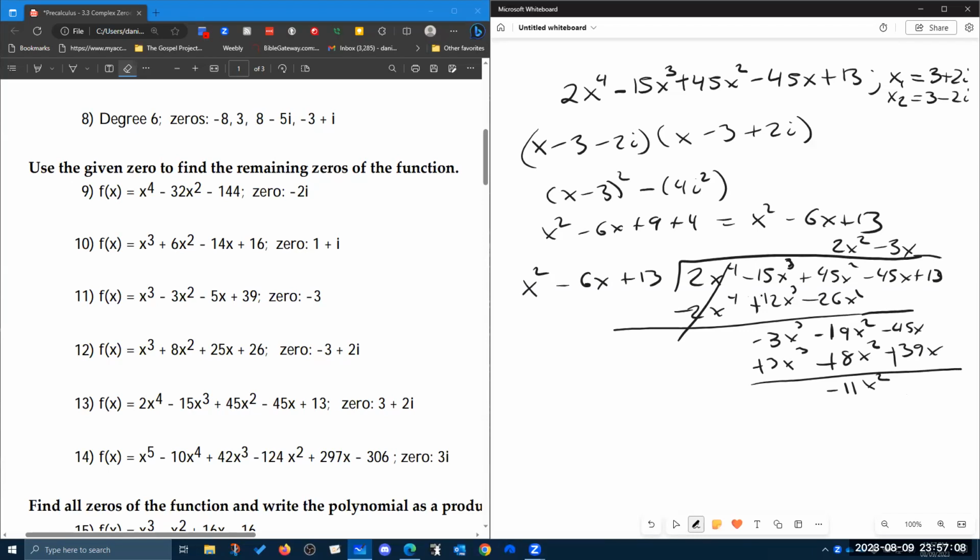No, sorry, -1x squared. That was an 18. There we go. Minus 6x. Then I'm going to bring down the plus 13.